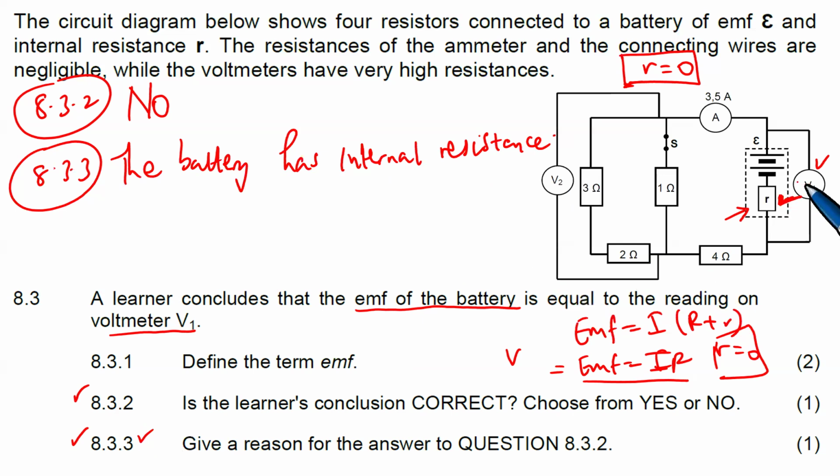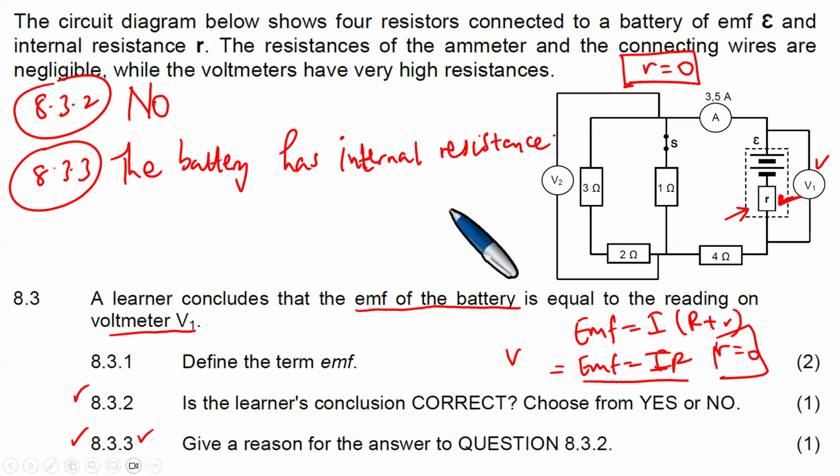I know it's tempting to think it is, but V1 is exactly the EMF only if the internal resistance is zero. But this battery has internal resistance, and therefore there will be some lost volts, very small, but they'll be lost. That is something you need to take note of.